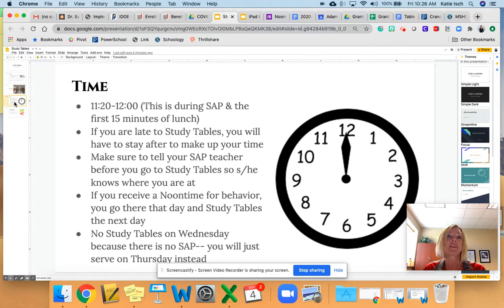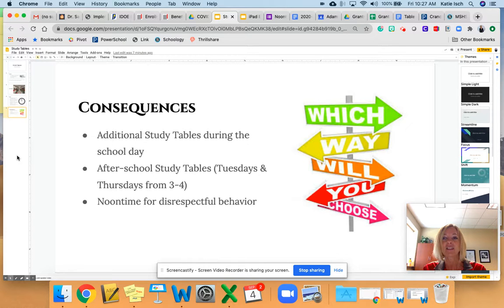What we're going to do is serve that noontime behavior with Mrs. Johnson first down in the choir room, and then the next day you'll serve your study tables and get that homework piece turned in, just so that you know which way that's going to go. And then finally, you just need to remember there are no study tables on Wednesday because there's no SAP. So if you don't have something done and you get a study table on Wednesday, you'll just serve it on Thursday instead.